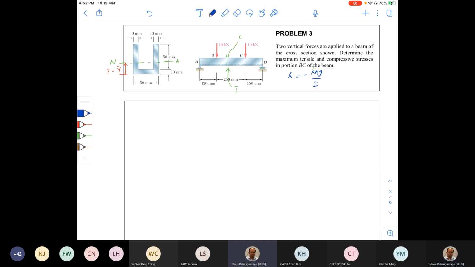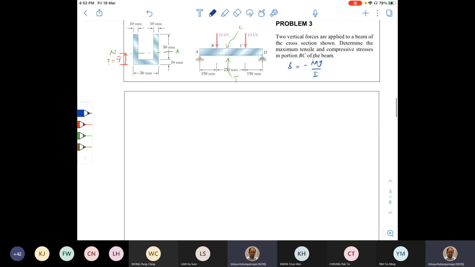Okay, right. So let me draw this U-shaped section as three rectangles, and then using those three rectangles, I'm going to find out the value of Y bar. So let me draw that section just like this.